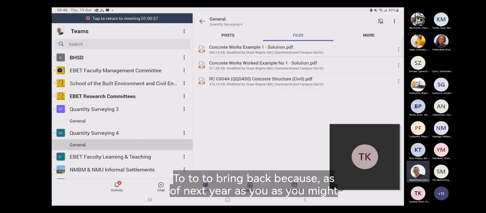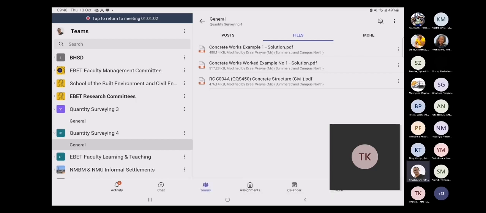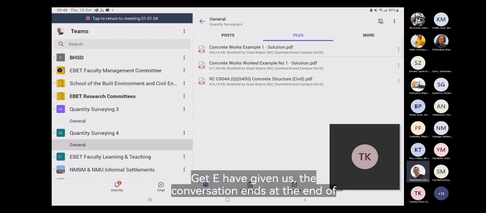to bring back, because as of next year, as you might know, GSE have given us the concession that ends at the end of this year for online. And with the institution having said that all staff should be back on campus, I started bringing my lectures into the classroom space.